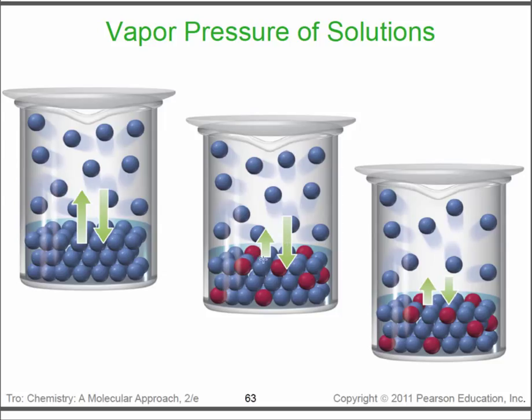By that we mean the amount of liquid solvent particles escaping into the gas phase is decreased because of the presence of those millions and millions of solute particles, especially at the surface. Eventually there'll be a new equilibrium, but you can see the cartoon particles up here in this airspace are fewer than the cartoon particles in the airspace on the original beaker.